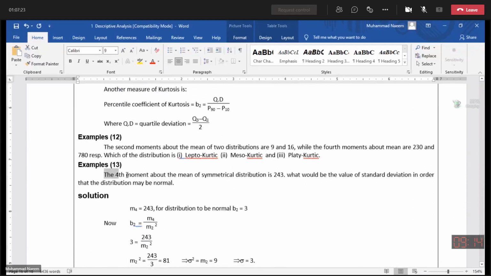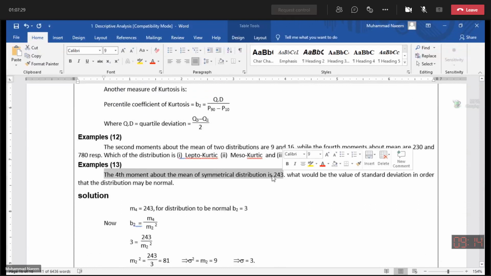We are given the fourth moment about the mean for a symmetrical distribution. What would be the value of standard deviation for the distribution to be normal? Normal means the value of B2 is 3.